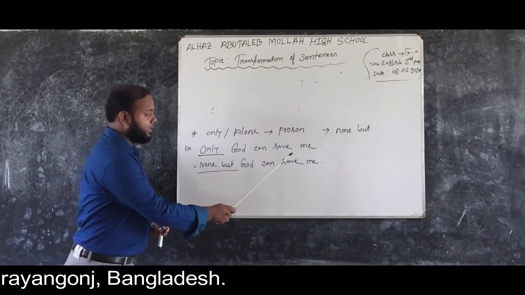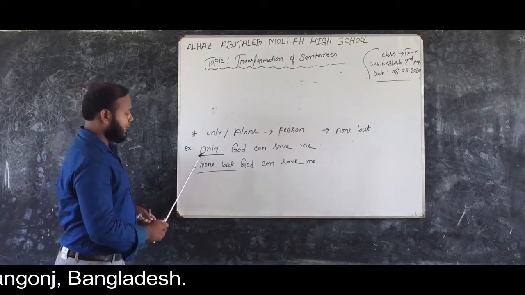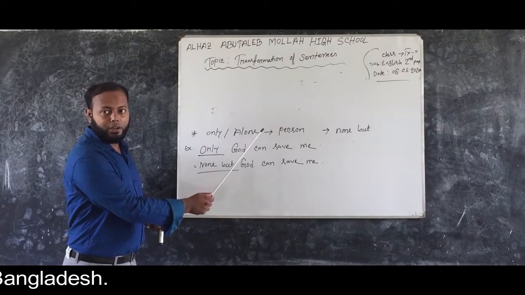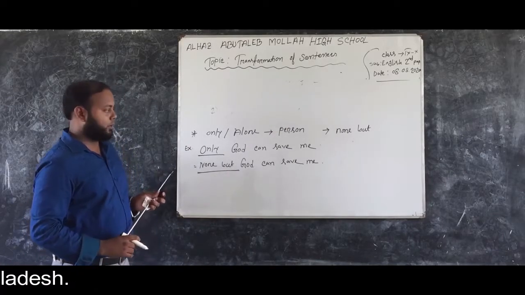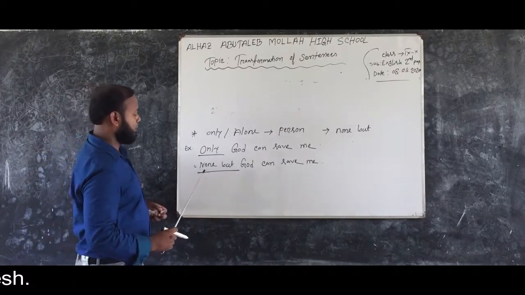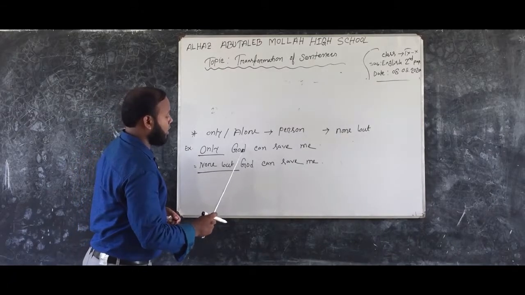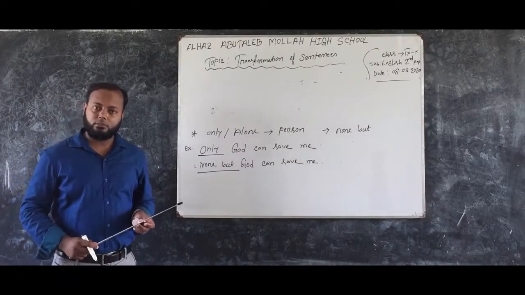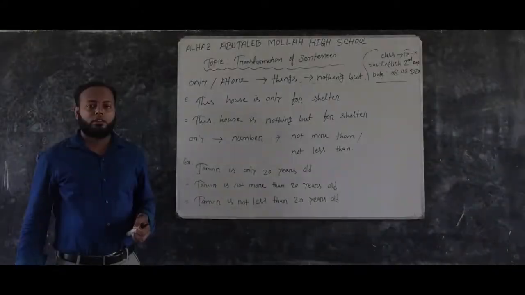Here we see that only indicates God. God means a person here. So our negative sentence will be none but God can save me. Do you understand? Okay, thank you.